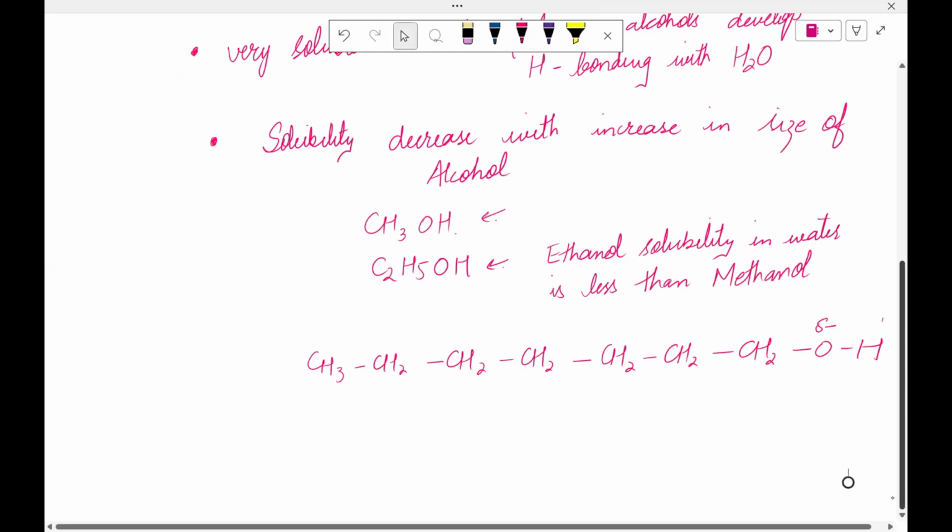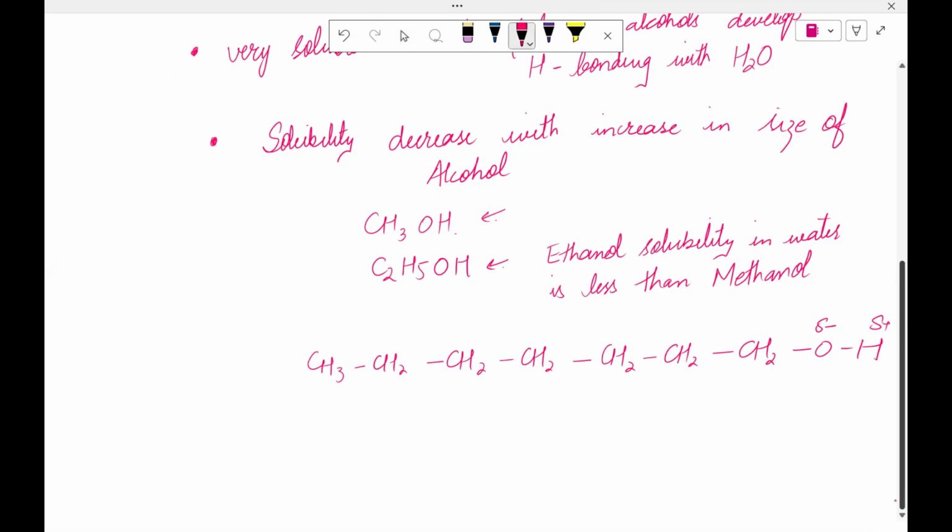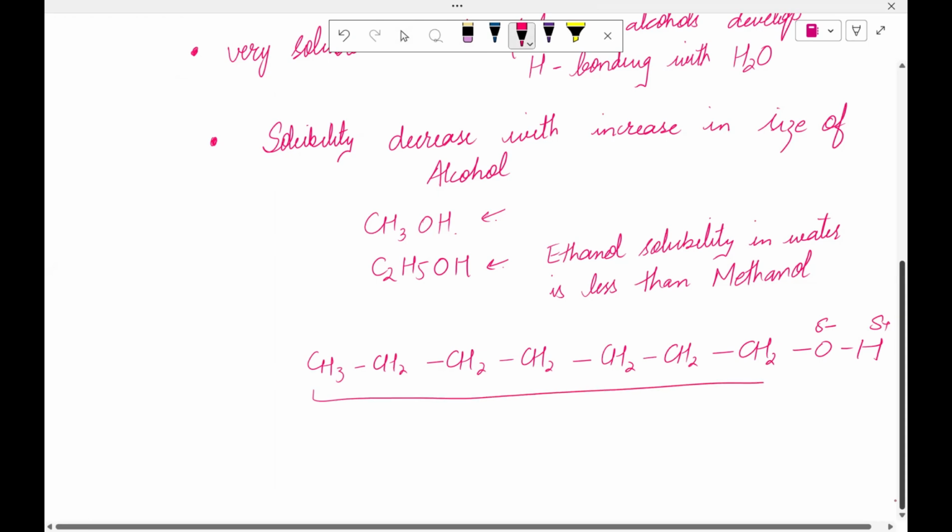What we mean is that this part is not attracting water.